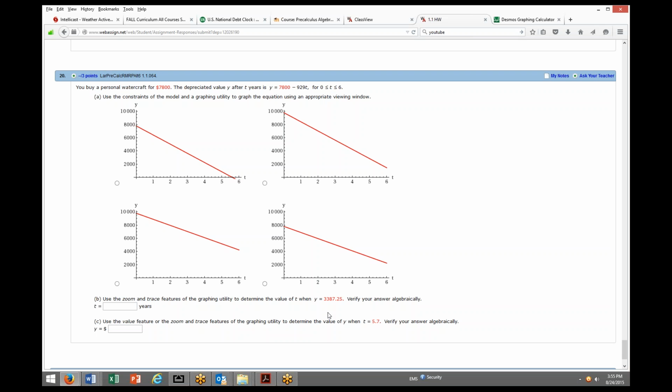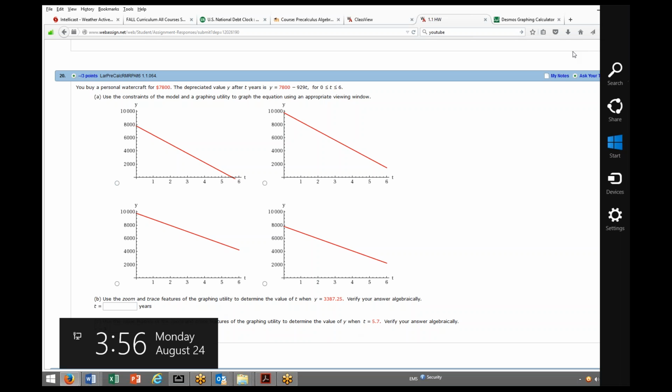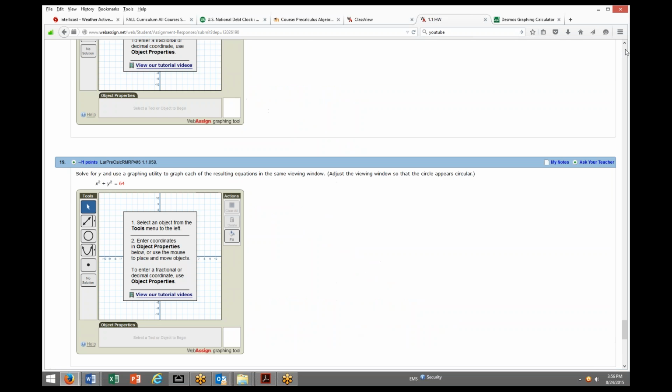In fact, much easier in Desmos than you can with Texas Instruments. And answer this question based on the numbers that they give you there. So that is the last problem of our homework.